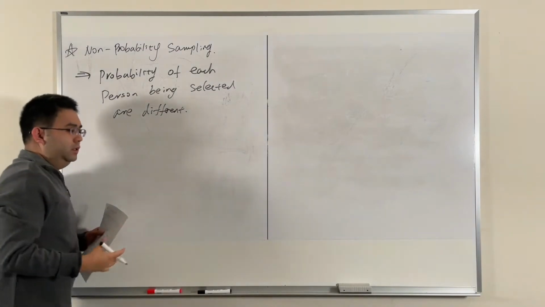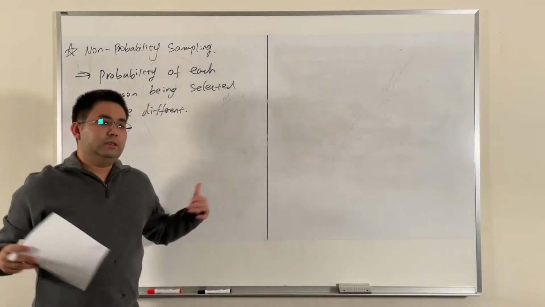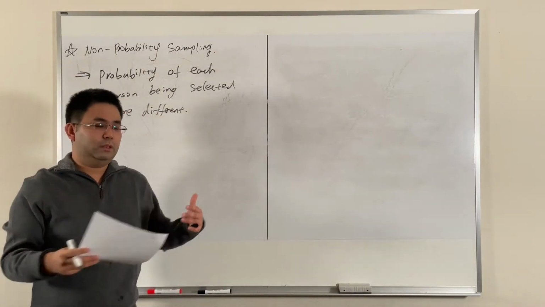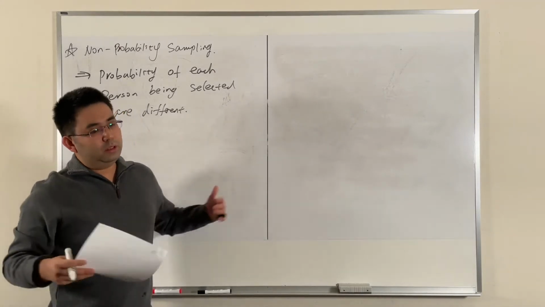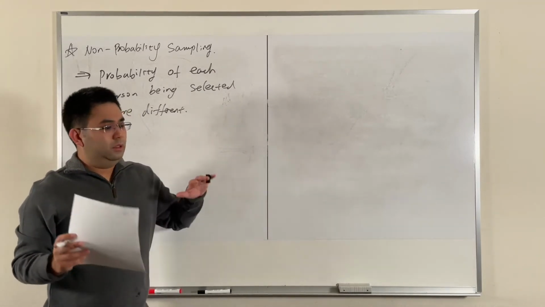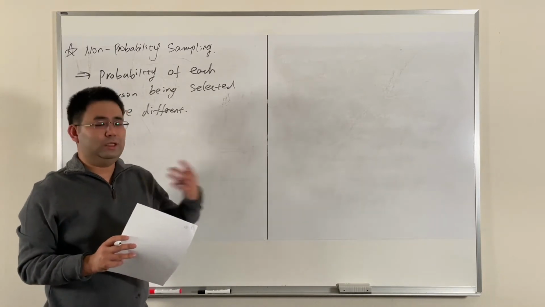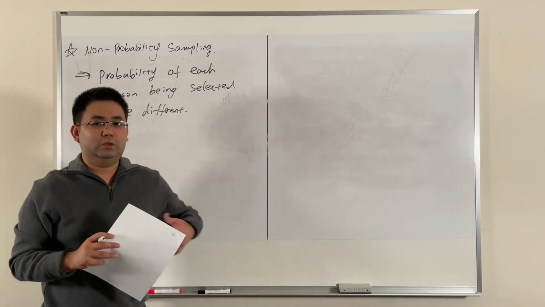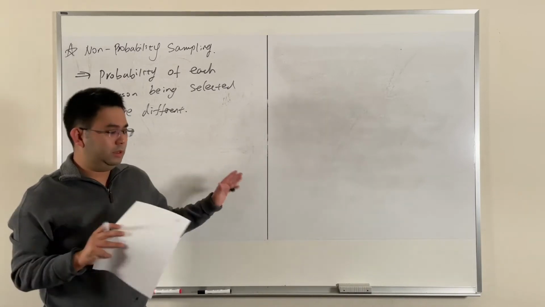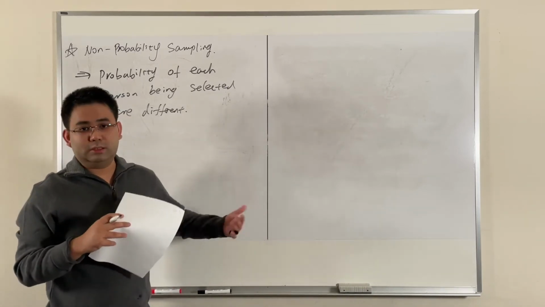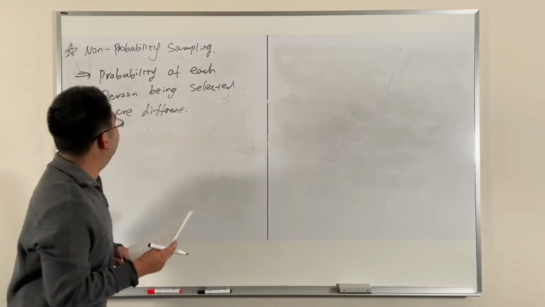Which means that all the subjects or all the people in your population don't have the same probability of being selected, right? So they're not equally likely to be selected to join your sample. Each one is different based on the reasons that we're going to discuss below.